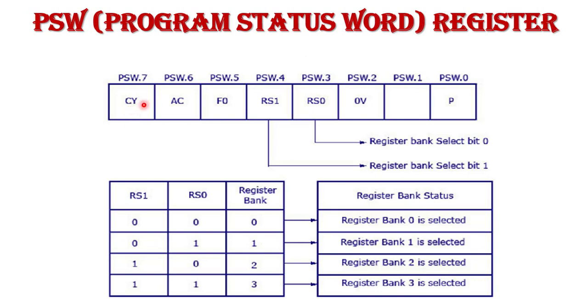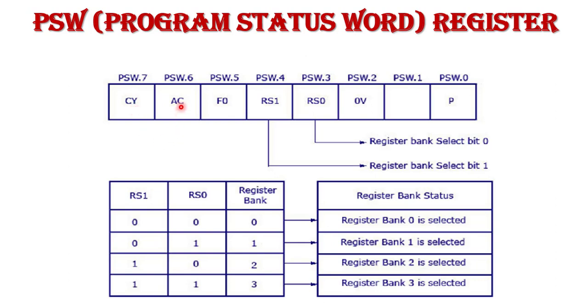First, the most significant bit of the PSW flag register is the carry flag. If any arithmetic or logic operation is performed and a carry is generated, then this flag is set, otherwise reset. It means if carry is generated, this PSW 7 bit is 1 or set, otherwise it is reset, or the value of this bit is 0.